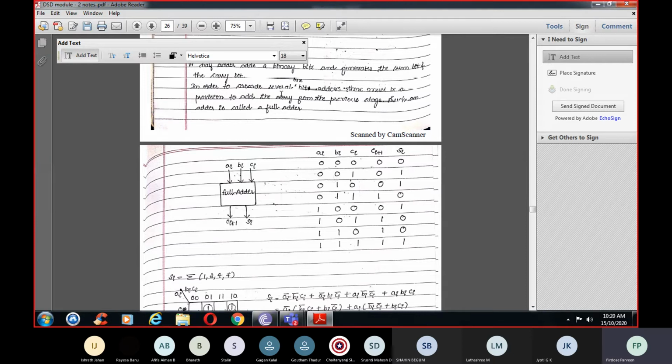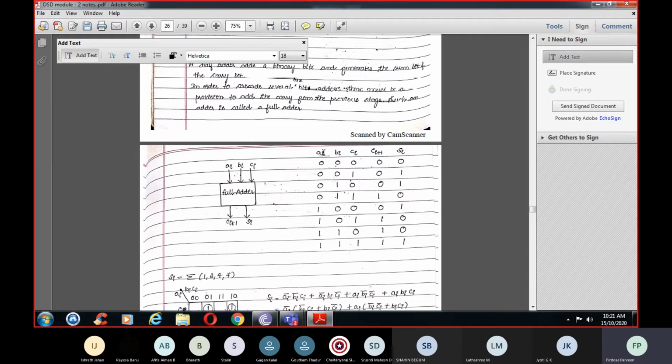In order to cascade several 1-bit adders, there must be a provision to add the carry. If we are adding 2 inputs and get a carry, that should also be added. So the carry from the previous stage will be given to the adder, such as a full adder. So you will have 3 bits, A i, B i, C i.